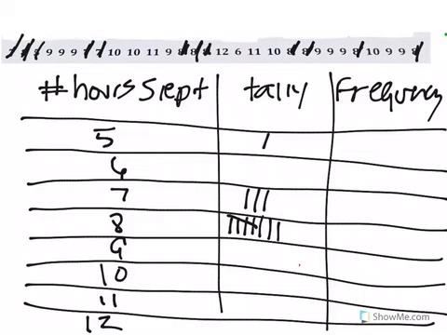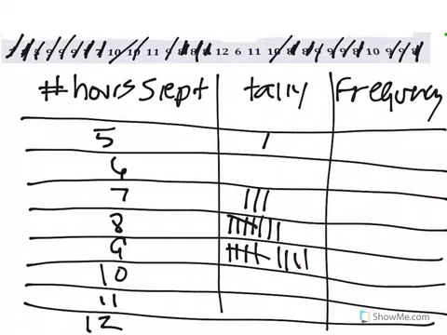For 9, we have 1, 2, 3, 4, 5, 6, 7, 8, 9. For 10, we have 1, 2, 3, 4. For 11, we have 1, 2. For 6, we have 1. And then for 12, we have 1.